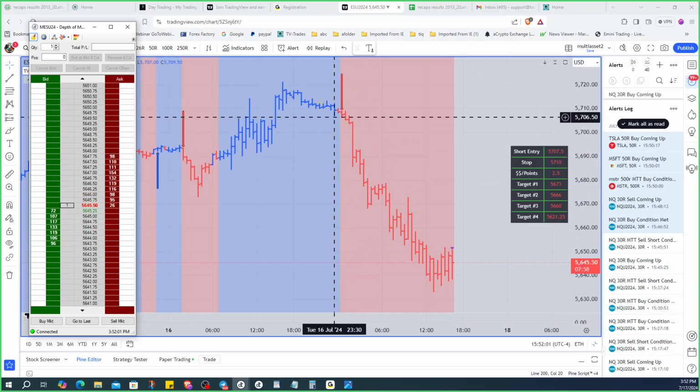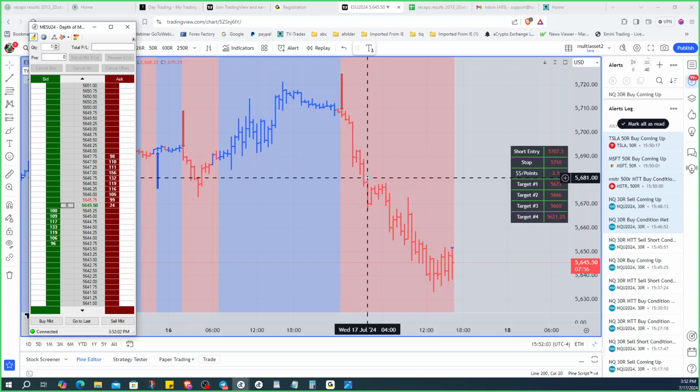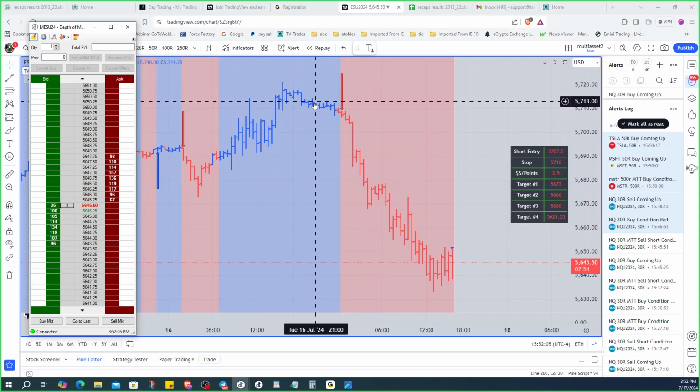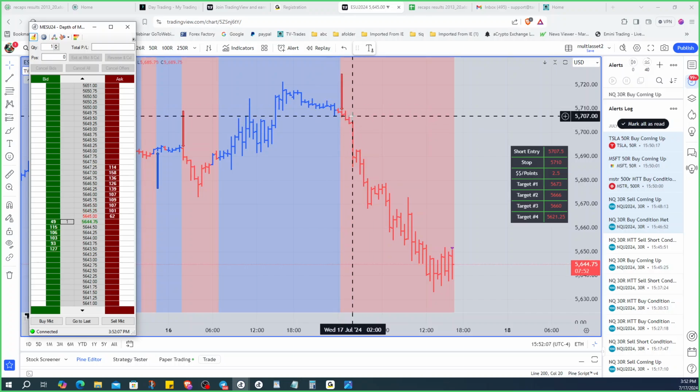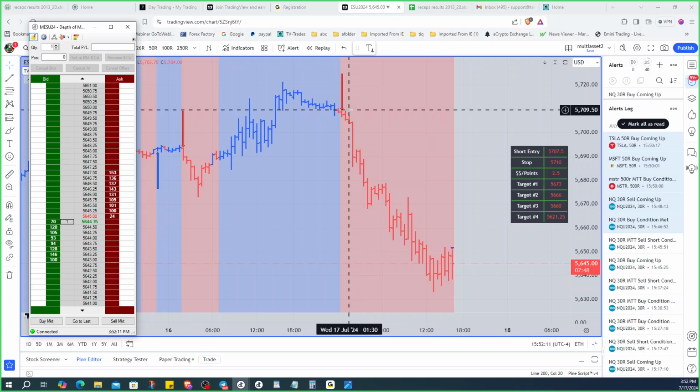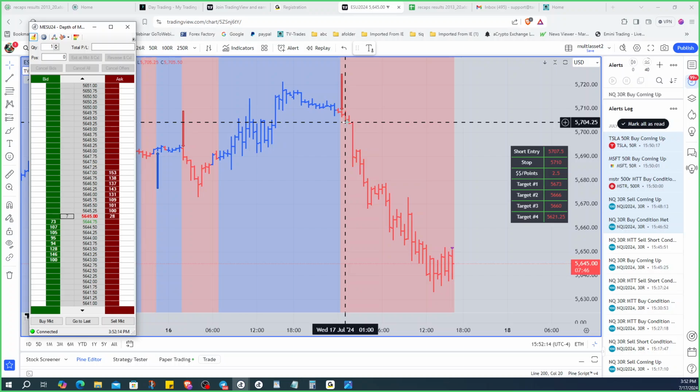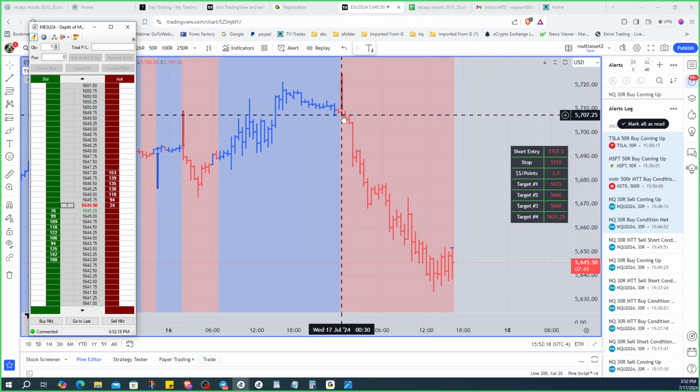The price going down like that is great, but the time decay is killing you. If it starts to go sideways, like in here at the beginning where it went sideways for an hour, hour and a half, you're going to lose a lot of time value right there. But if you have a micro or 10 micros, you're not losing any time value.